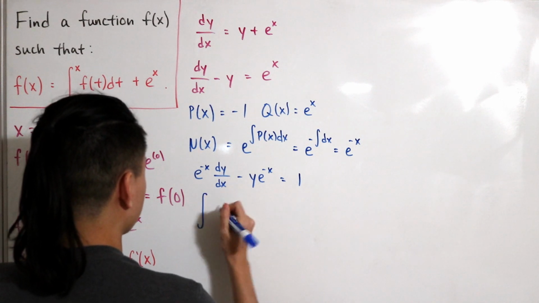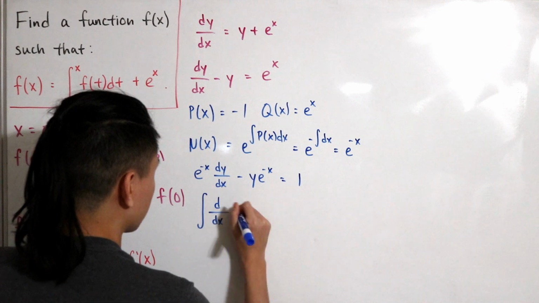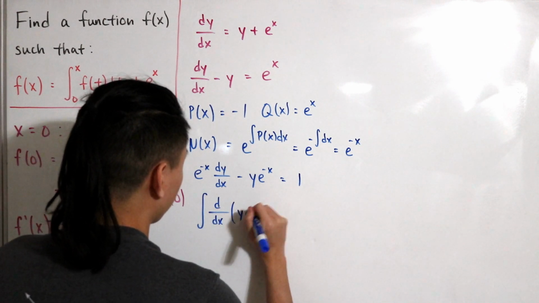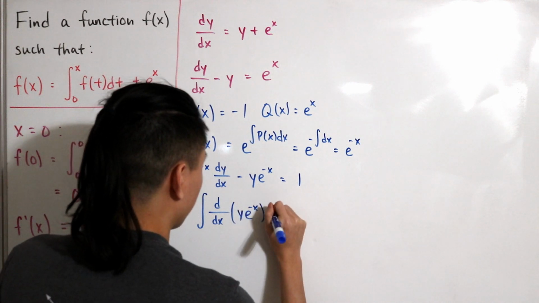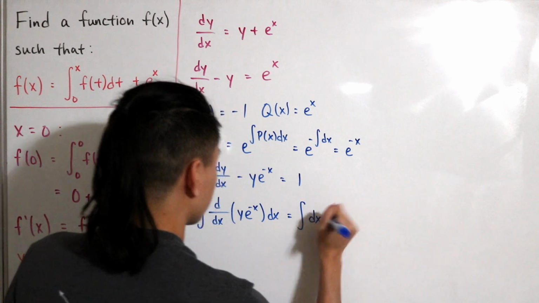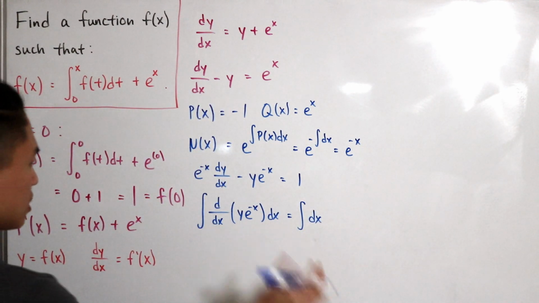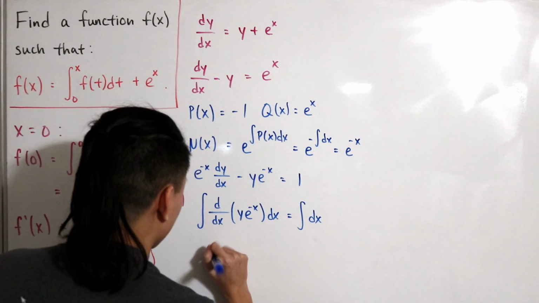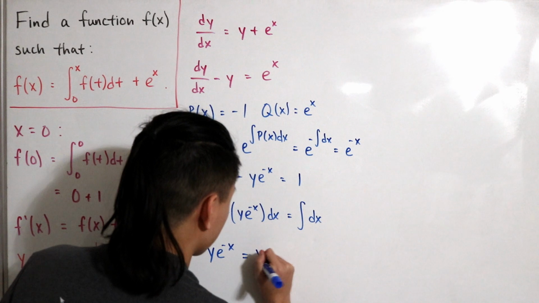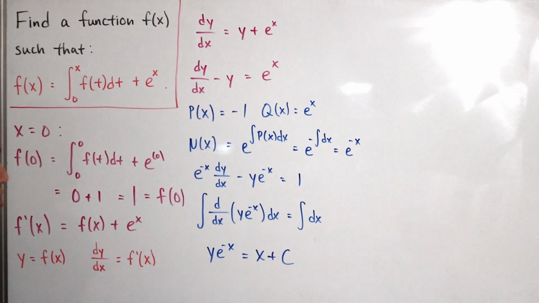So here I can write this as the indefinite integral of the derivative d/dx of y times e to the -x, times dx, set equal to the integral of dx. Performing the left-hand side, we just get y times e to the -x, then set this equal to x, and then add our constant that we're trying to solve.